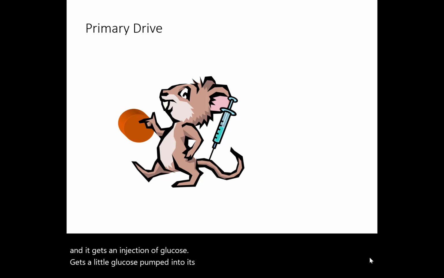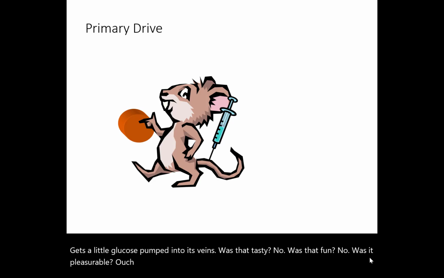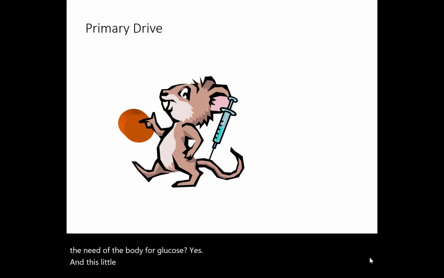Was that tasty? No. Was that fun? No. Was it pleasurable? Ouch, no. Did you get to consume anything? No. Did it reduce a drive, the need of the body for glucose? Yes. And this little mouse will learn to press a lever if it's low on glucose to get glucose shot into its vein.